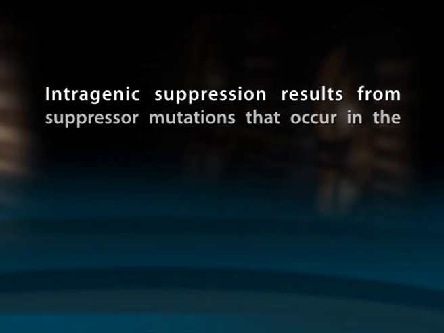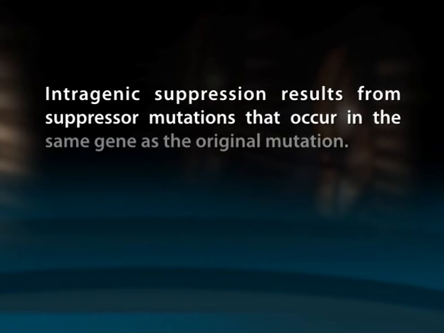They also provide evidence of functionally interacting molecules and intersecting biological pathways. Suppressor mutation occurs in two different ways, intragenic and intergenic. Intragenic suppression results from suppressor mutations that occur in the same gene as the original mutation.